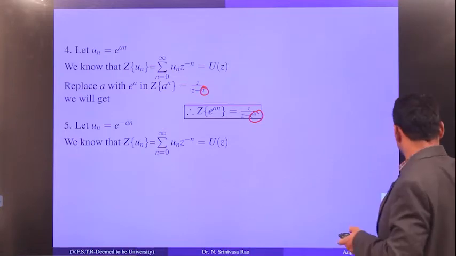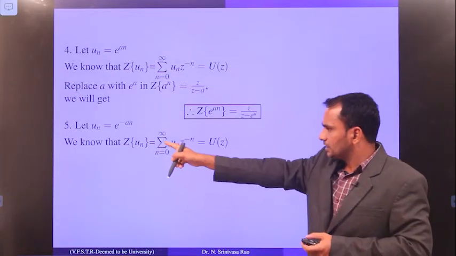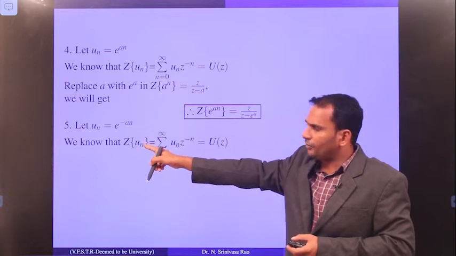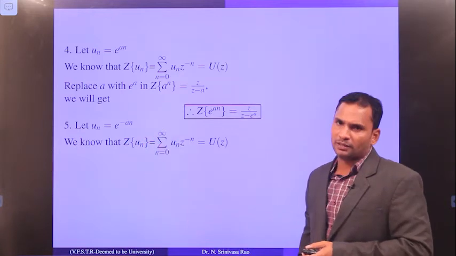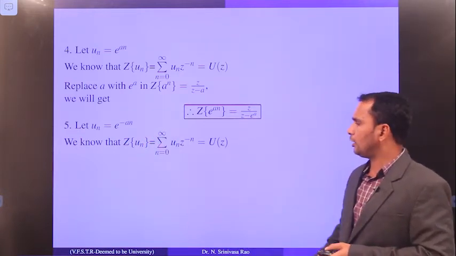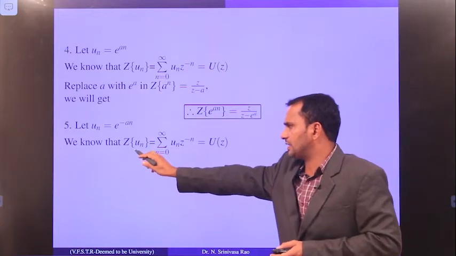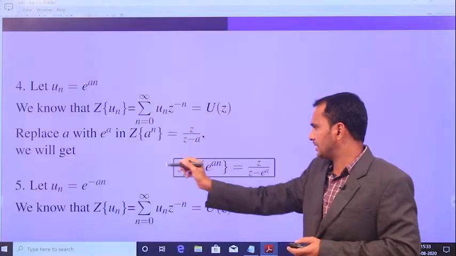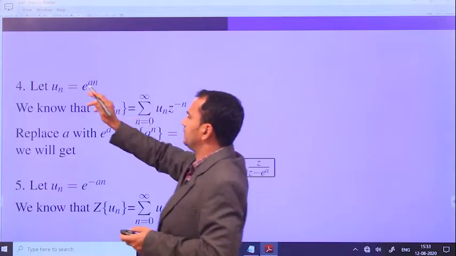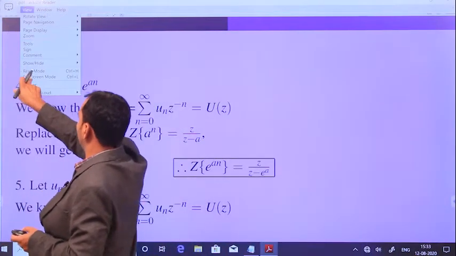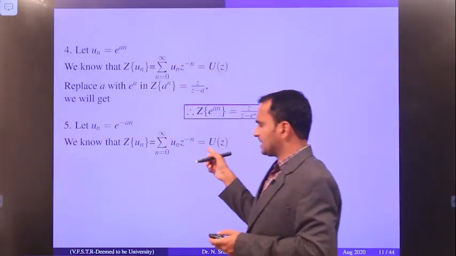Now look at example number 5. u_n is e^(-an). How do we find the z transform for this? According to the definition, Z of u_n is the sum from n equals 0 to infinity of u_n times z to the power minus n.